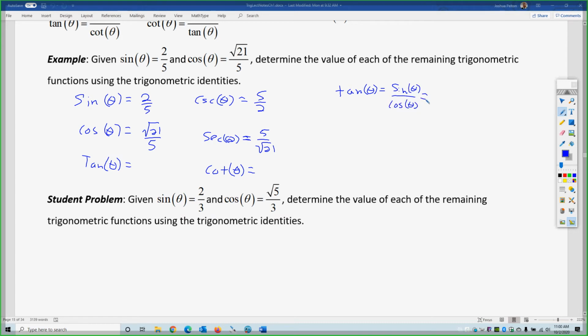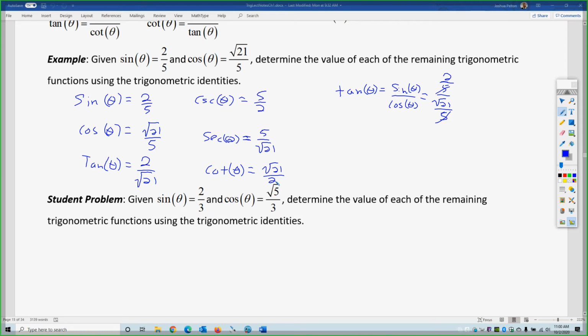So I have 2/5 over root 21 over 5. Cancel, cancel. So you have 2 over root 21. And again, we're using the reciprocal identities. Cotangent is the reciprocal of tangent, so I have root 21 over 2.